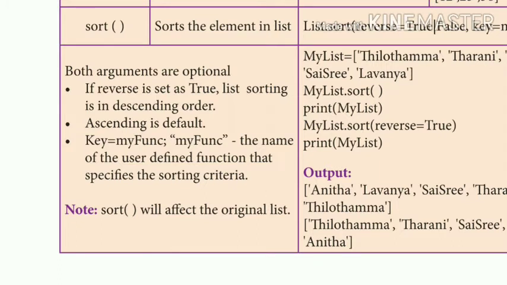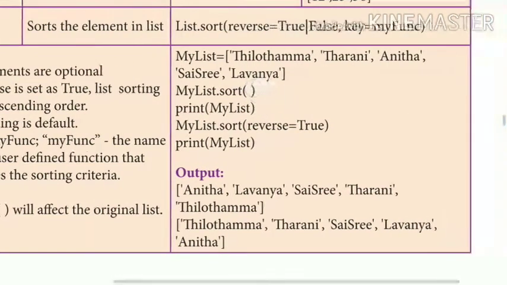Next is the key function. Key is equal to my function, the name of a user defined function that specifies the sorting criteria. This my function is the function that you create. You can define your own sorting function, and it will be called when you give that function name in key. Here they have given one example.